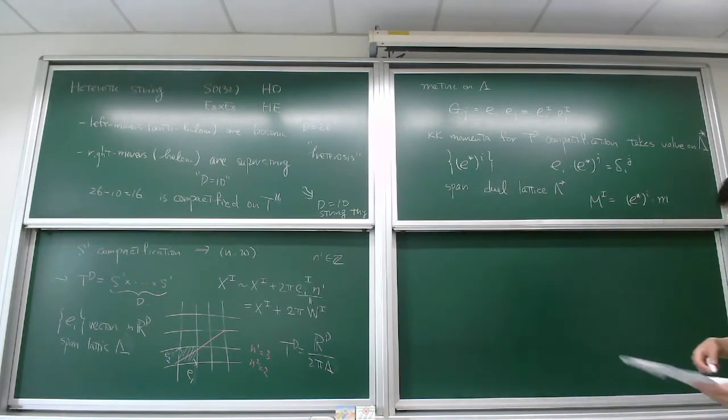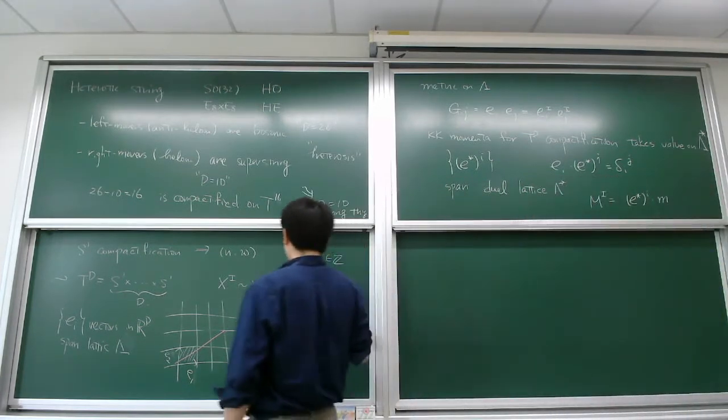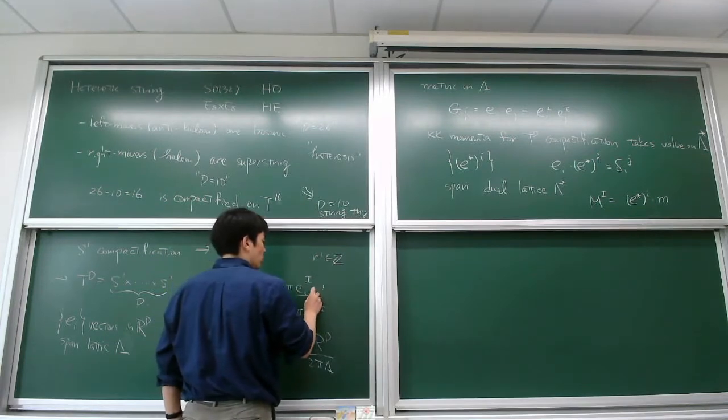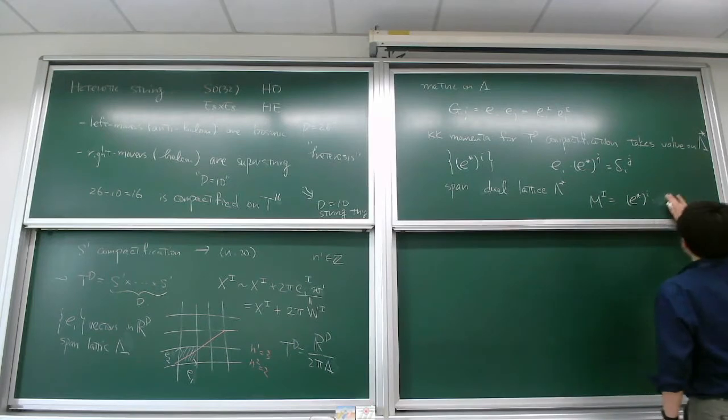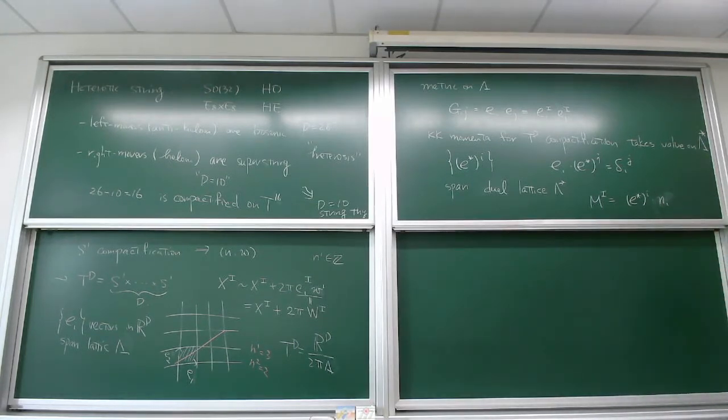A bit weird notation. I should change this to w^i in the lecture note, and I should call this n_i. That's more natural. And it's a bit strange notation, but you have i after i. Okay. So this is the KK momenta.